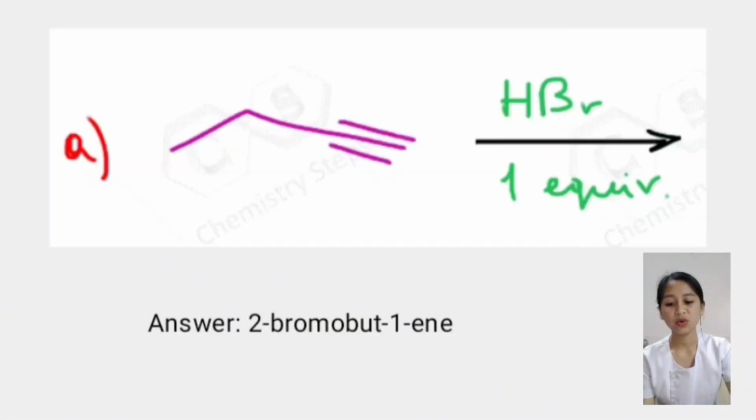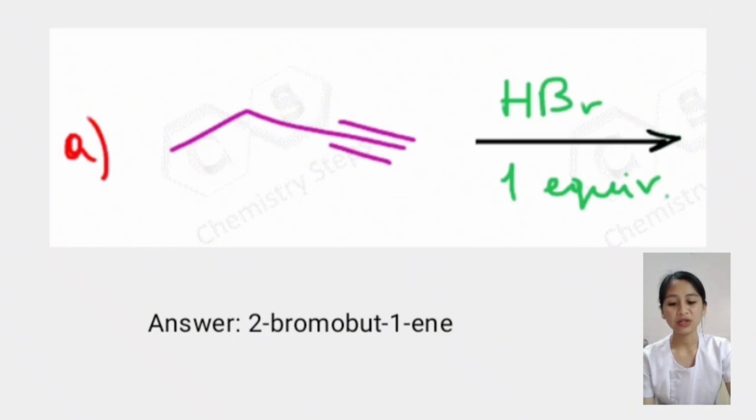Here are the examples. The reaction shows 2-butyne reacting with 1 equivalent of HBr. This is an electrophilic addition reaction. The pi electrons of the alkyne's triple bond act as a nucleophile, attacking the electrophilic hydrogen of HBr. This leads to the formation of a carbocation intermediate on the more substituted carbon, or Markovnikov addition.